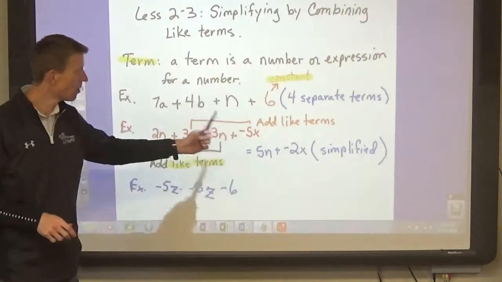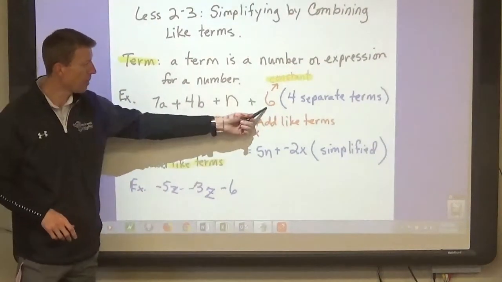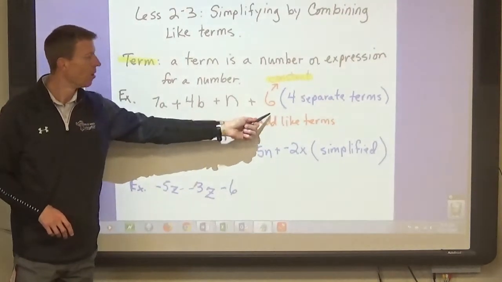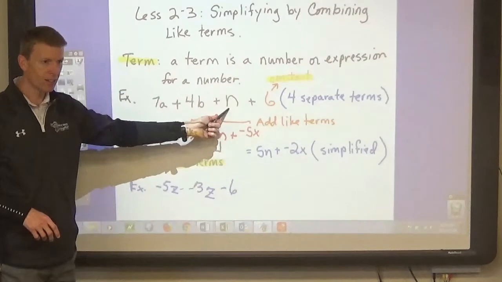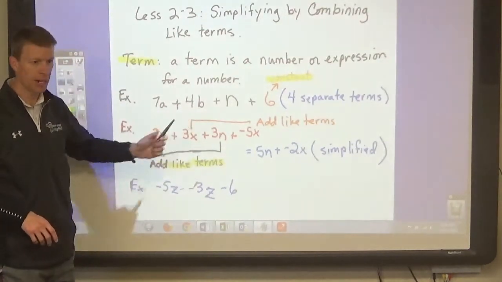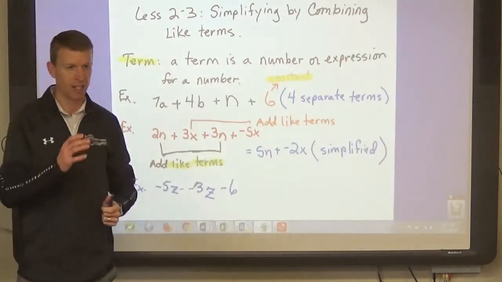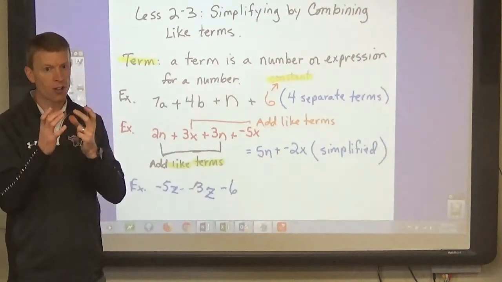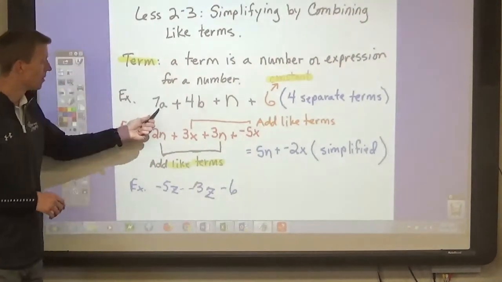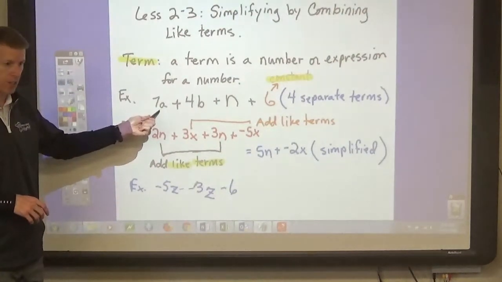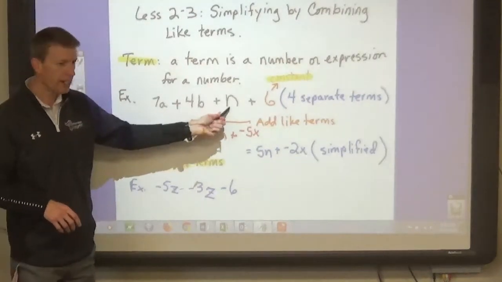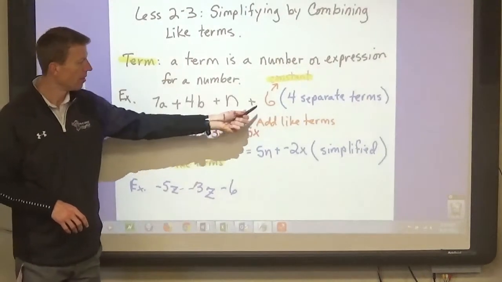Math sentences are also made up of terms. The terms can be just one number, like 6, or it could be one letter, N, or it could be a combination of letters, like XYZ could be one term. Okay? 7A is a term. 4B is a term. 1N is a term.